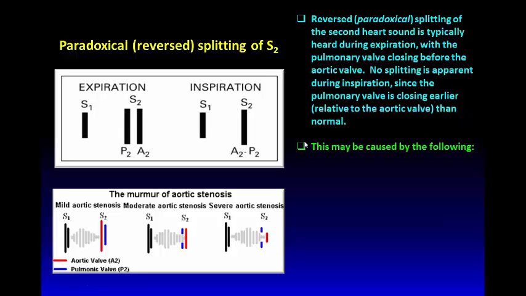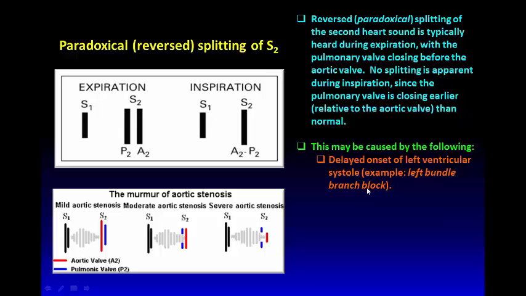Paradoxical or reverse splitting of S2 may be heard and seen in cases of left bundle branch block. The left bundle branch is the branch of the bundle of His, the AV bundle, which is responsible for the depolarization of the left ventricle.